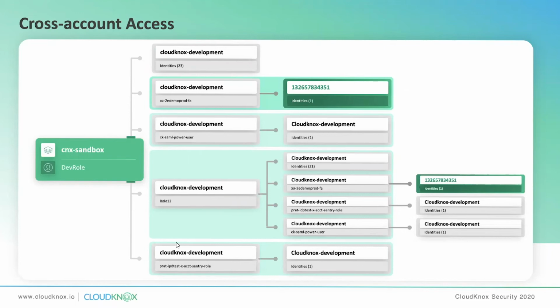Also, identities from the production account, 13265, etc., can assume roles into CloudKnox development, which in turn can assume roles into CNX sandbox. This may be okay in some environments, but we have also seen the opposite workflow be available, where an identity in a sandbox account can role chain through development and access production resources. This scenario certainly is not okay.